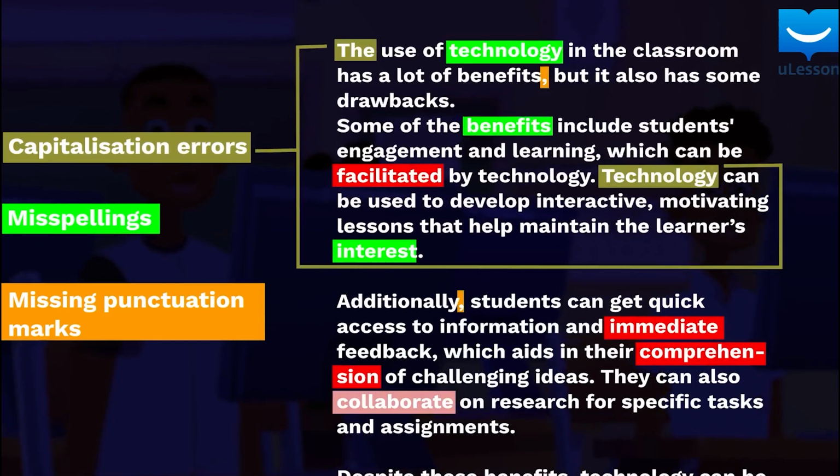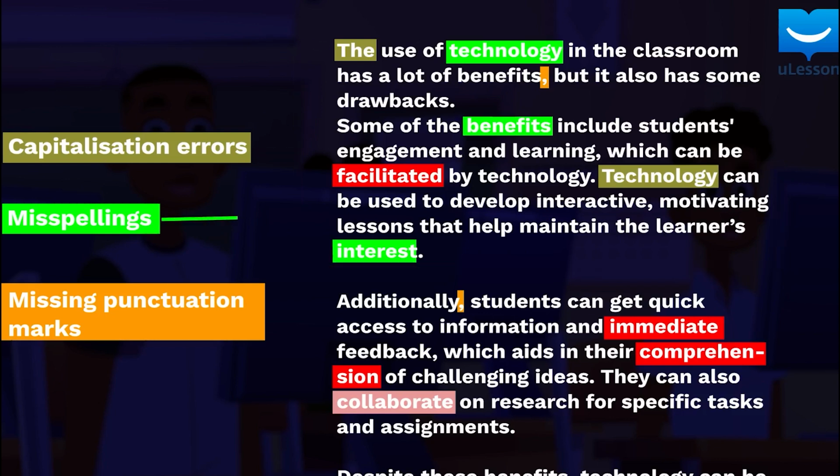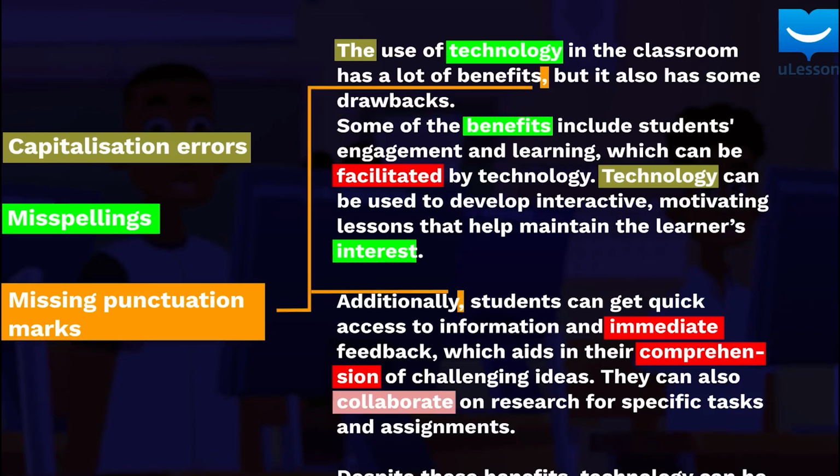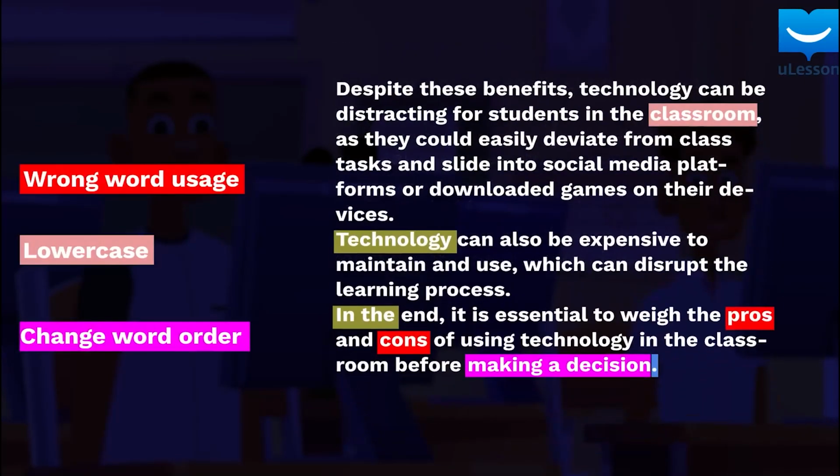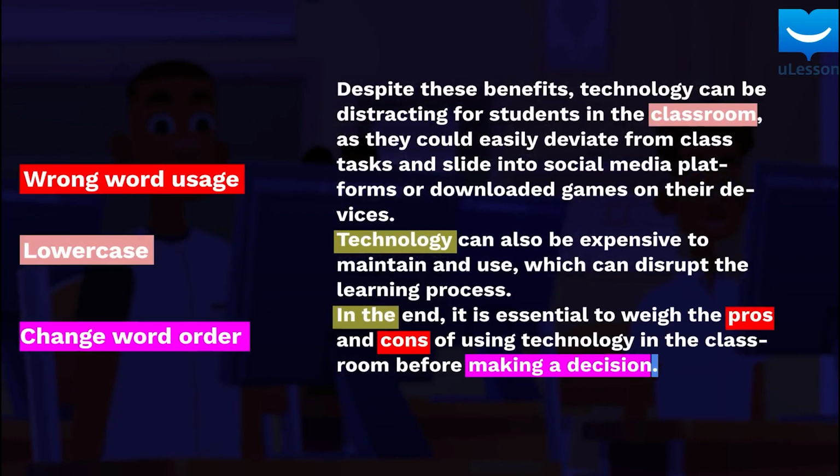Always begin a sentence with a capital letter. A few misspellings. Be sure that every word is correctly spelled when proofreading. Missing punctuation marks. For coherence and easy understanding, punctuate correctly. Excessive spaces between words.